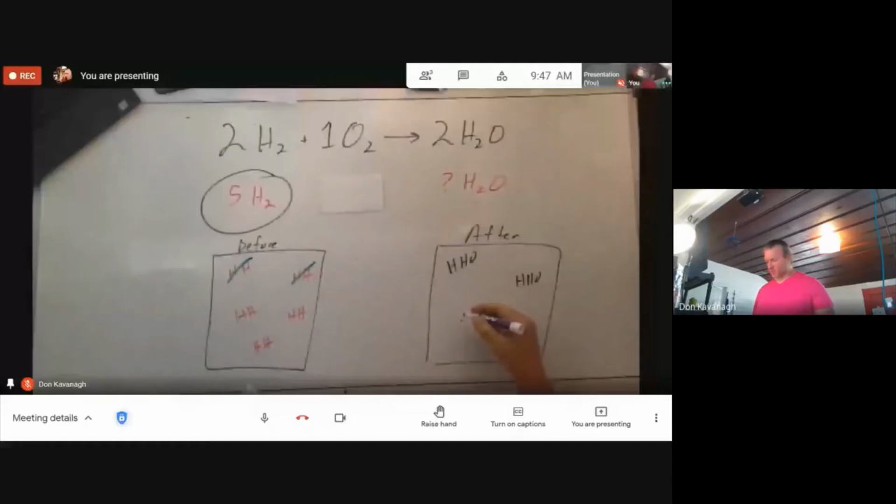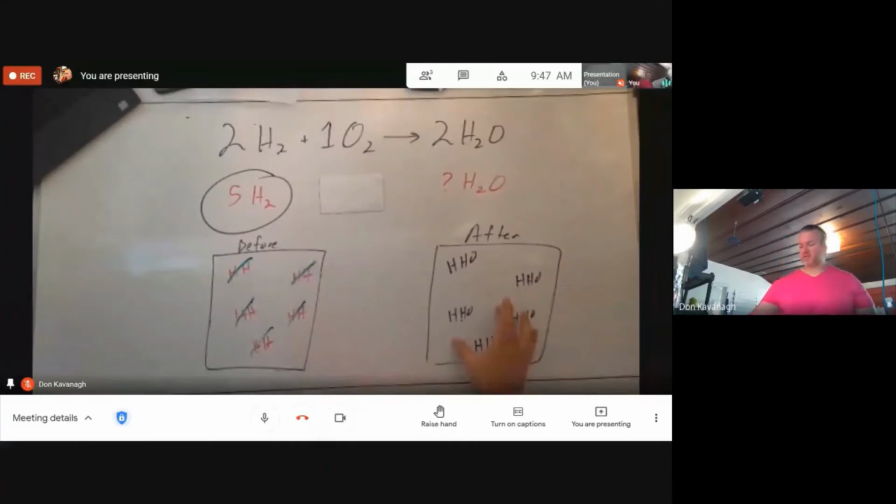And 1 more water. All right, so that is my prediction for the 5 H2s. If I had 5 hydrogens, the most I could produce is 5 waters. That is one answer, not necessarily the final answer.